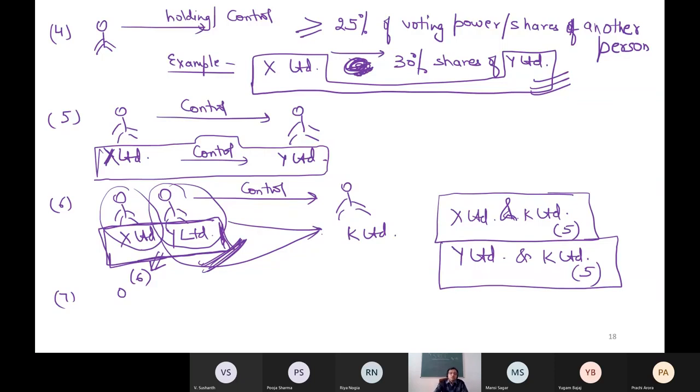In point 5, when one person controls another person, that's it. So these two are related persons. And what is point 6?